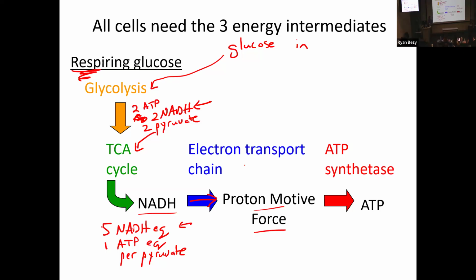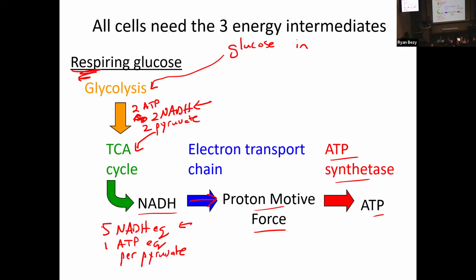That proton motive force can sometimes get used directly, but sometimes it can also get converted by the action of ATP synthetase into ATP. ATP synthetase is an enzyme complex that makes ATP, but it needs an energy source, and the proton motive force is the energy source for ATP production.